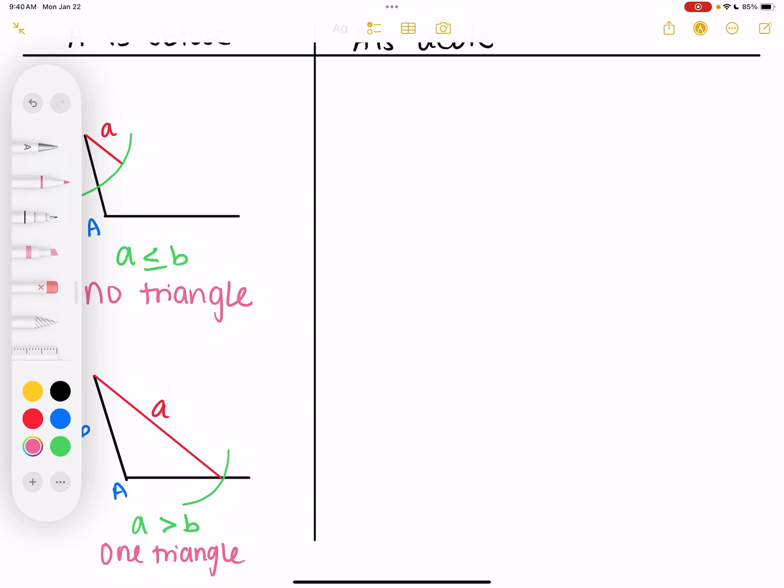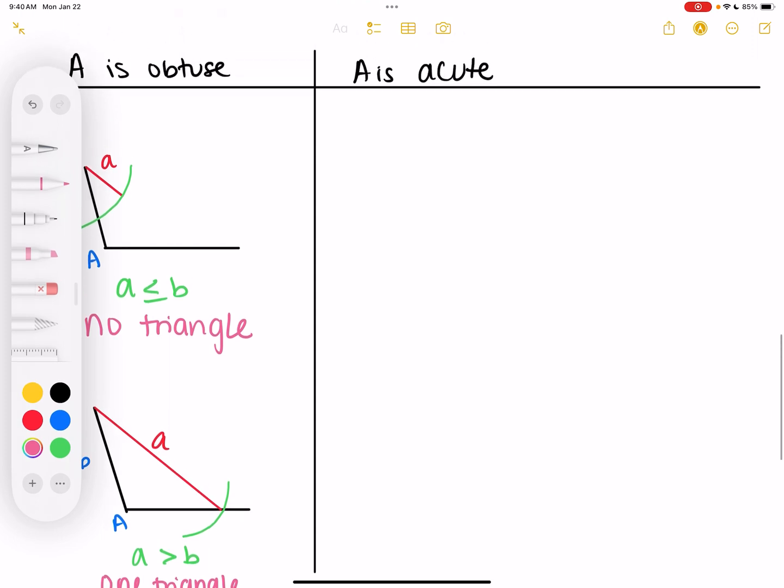So on to the slightly more involved ones. I'm going to draw all four of these again.